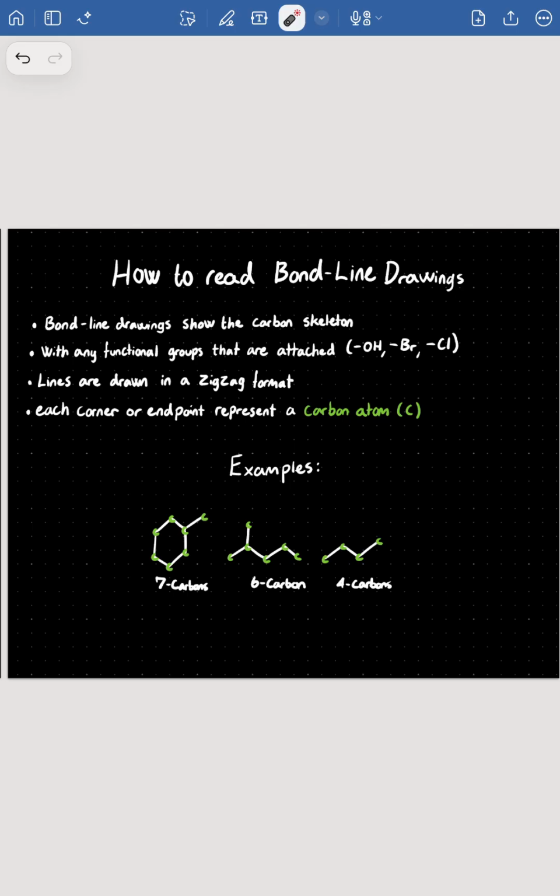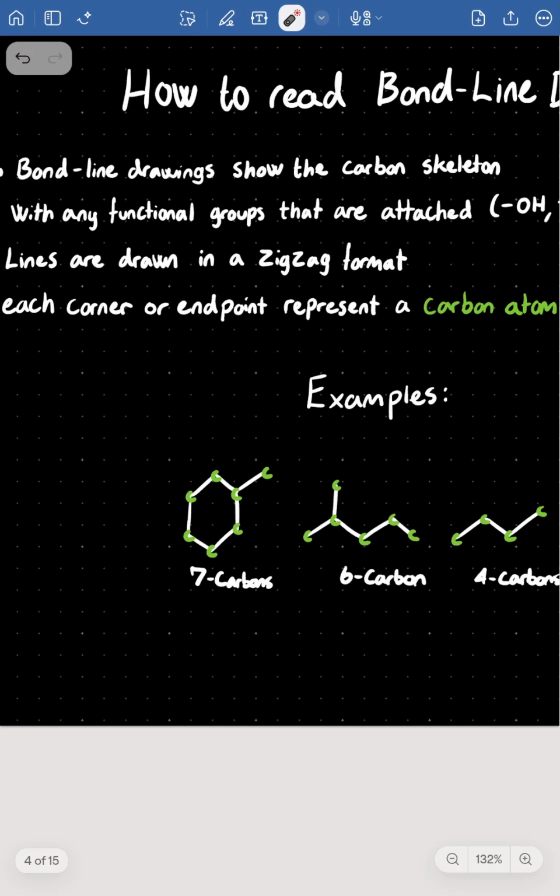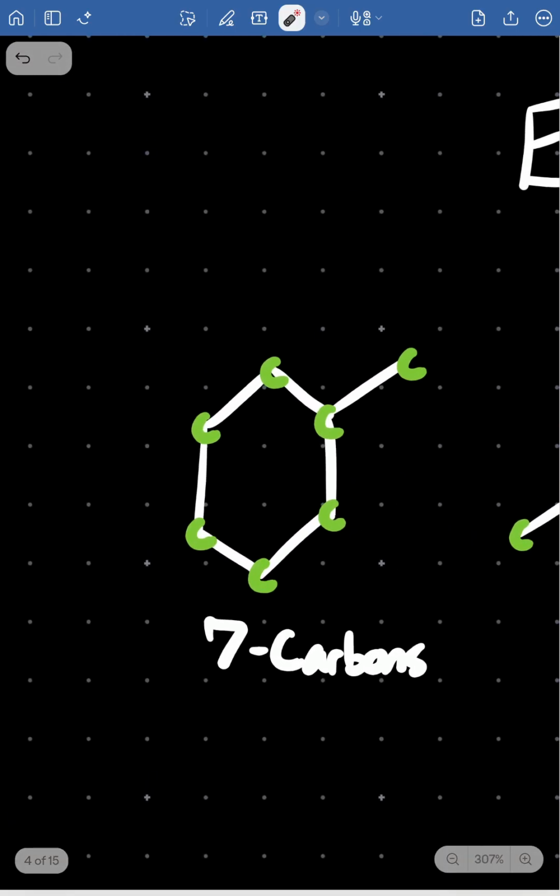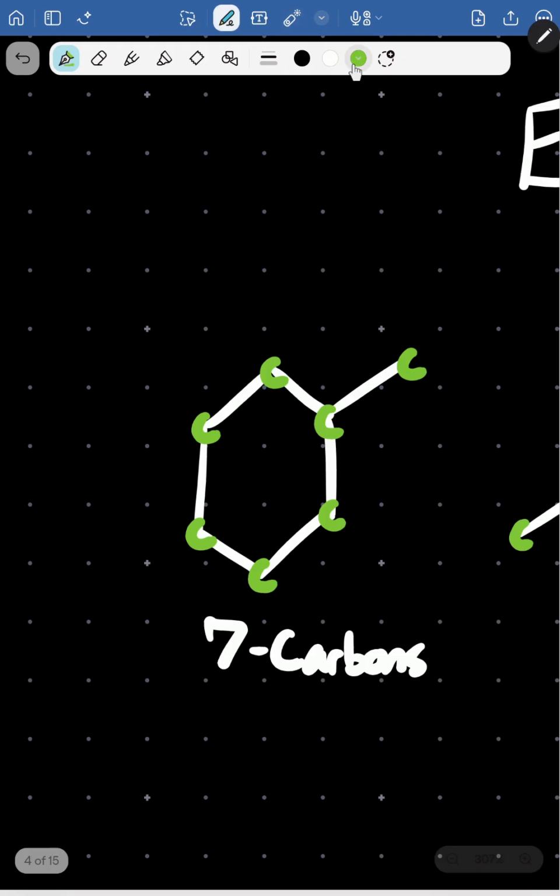For example, the compound below, the one that we just did. Let me draw hydrogen as blue. The compound contains 7 carbon atoms, that we know. And if we want to draw the hydrogens, there is 1, 2, 3 on this. There is 1.